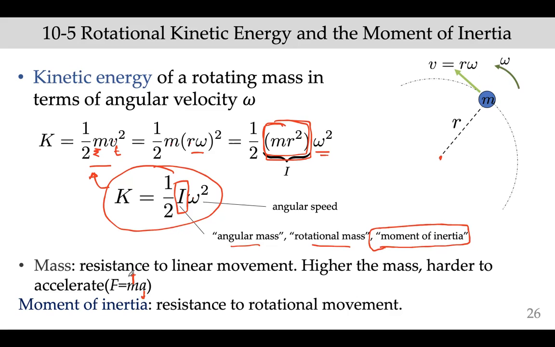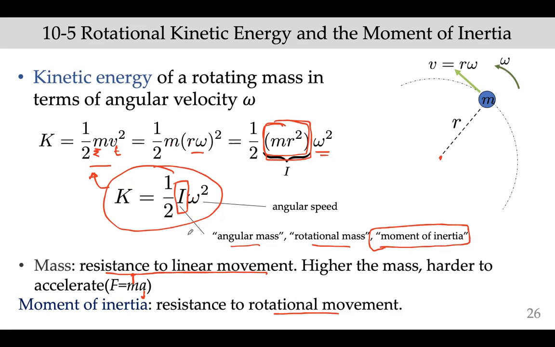So larger mass means it's harder to accelerate it, harder to move it. So we can define mass or inertia as the resistance to linear movement. Now, moment of inertia is just like mass, but it's resistance to rotational movement.